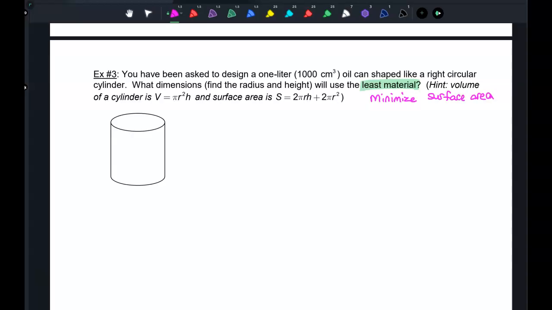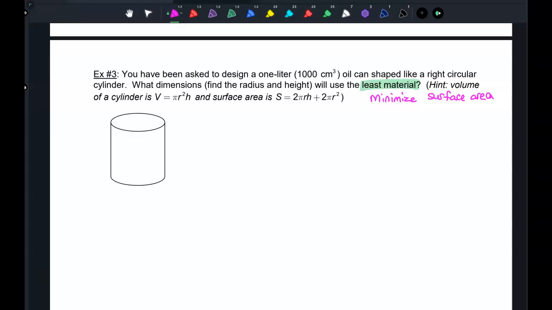So again, when you're doing these word problems, try to look at what words are used, because whatever I'm minimizing, that's the equation I want to take the derivative of and find the critical points. Well, if it said maximizing how much fits in it, that would be a volume. But when we're talking about the actual material, that's the surface area.